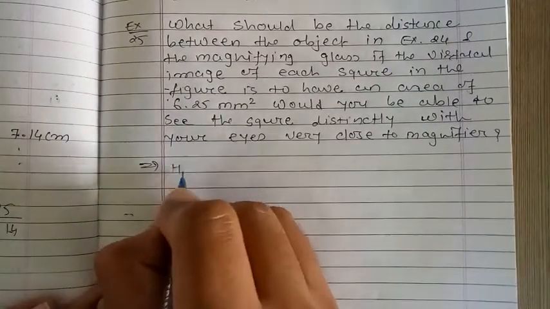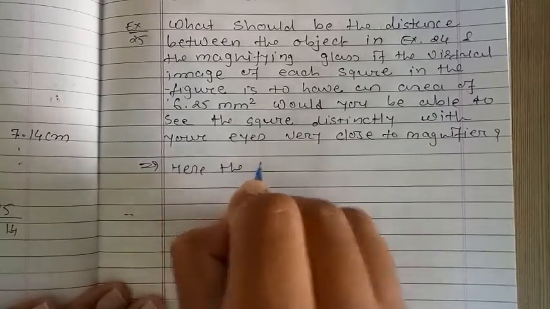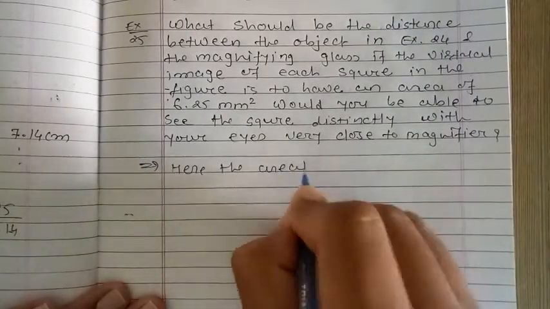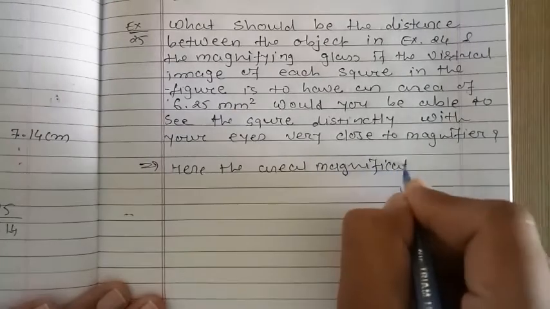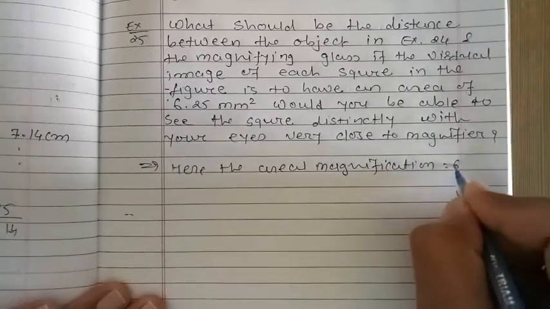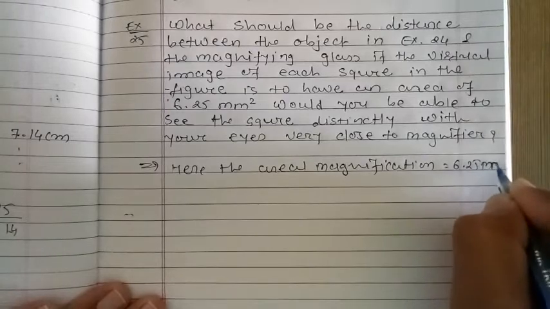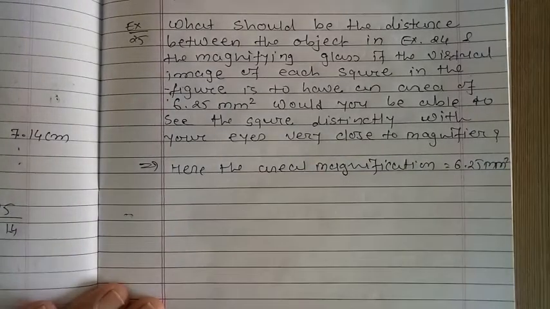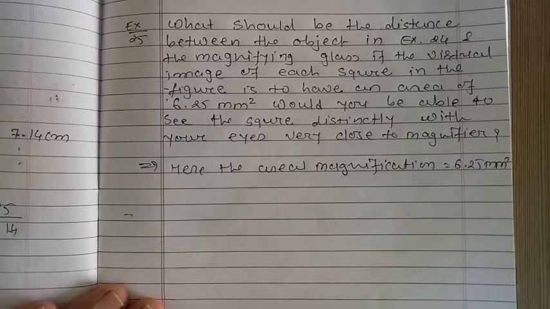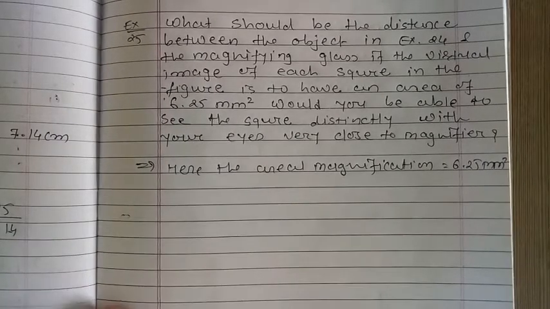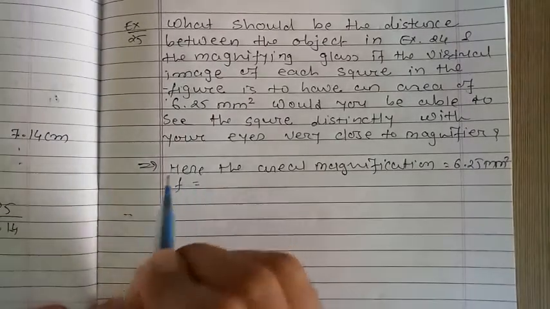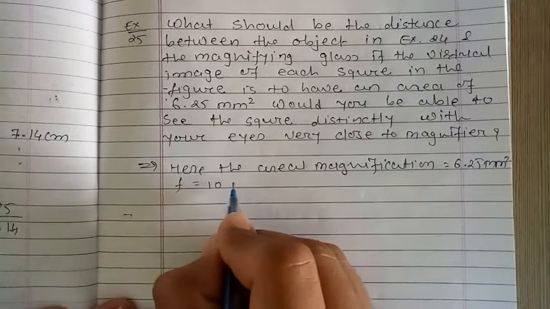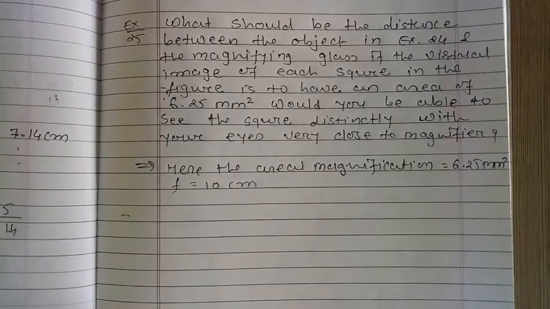Here the aerial magnification is equal to 6.25 millimeter square, right? Here we have to find out the values of V and U. We only know the value of focal length. We know from example number 23 the focal length is 10 centimeter.